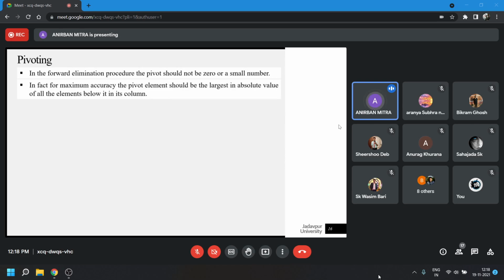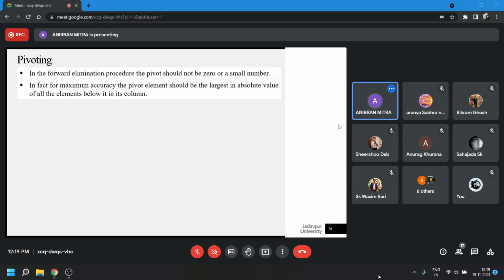So it is also seen that the maximum accuracy is obtained if the pivot element is largest or maximum in absolute value of all the elements below it in the column. So you have the column of, say, x1s. Out of those coefficients, if the pivot element is the largest, then we have the maximum accuracy.